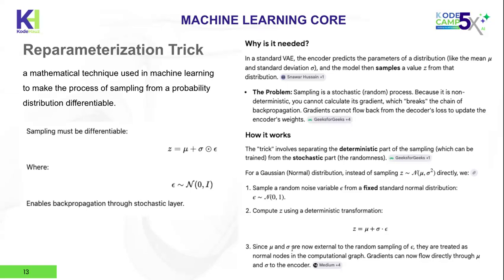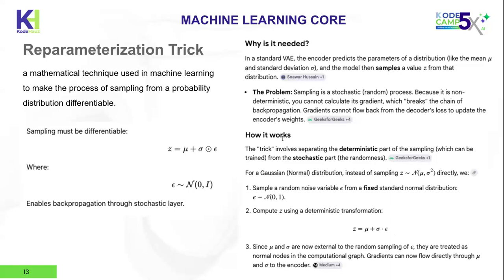We can just allow it to get lost because it is noise. So since mu and sigma are now external to the random sampling of epsilon, they are treated as normal nodes. So they will be calculated, they will be differentiated. Gradients can now flow through the mu and sigma to the encoder, while the epsilon will be lost basically, and you don't need it because think of it as a kind of regularization.